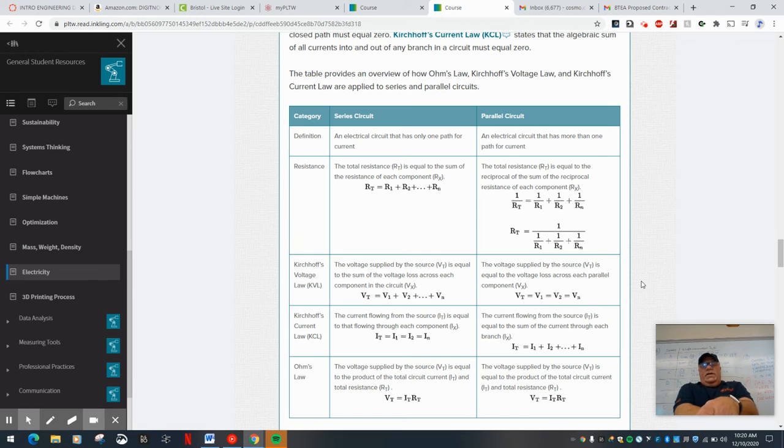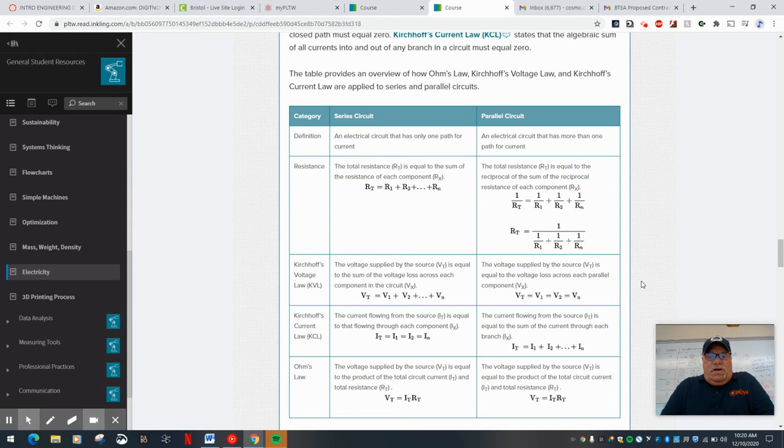So it'd be 1 divided by resistance 1 plus 1 divided by resistance 2 plus 1 divided by resistance 3, and so on. And then we take 1 divided by that, and we come up with the total resistance. Okay? I know it looks funky, but that's the way it is. Not a big deal.